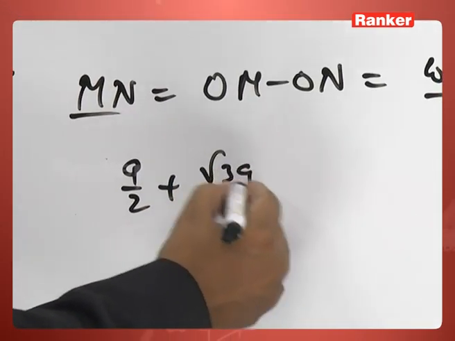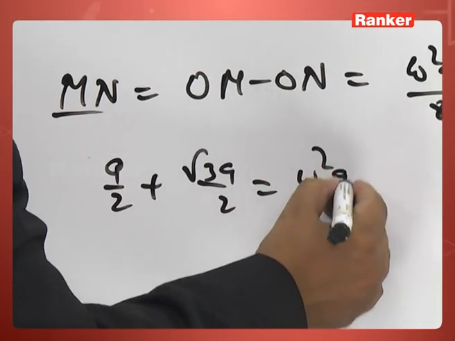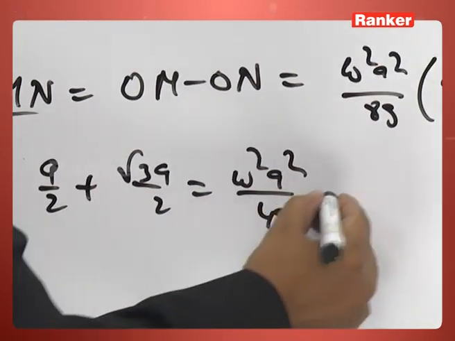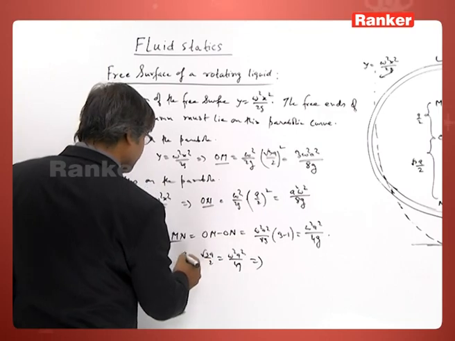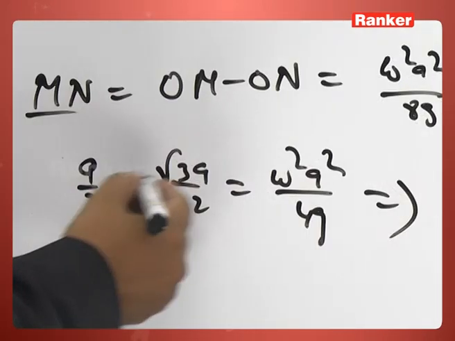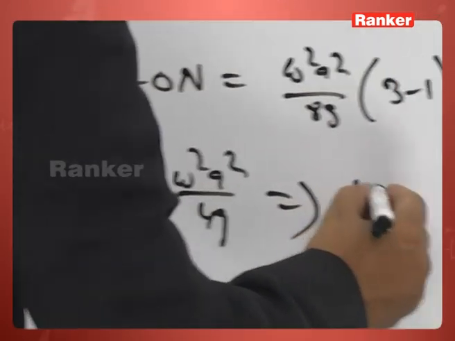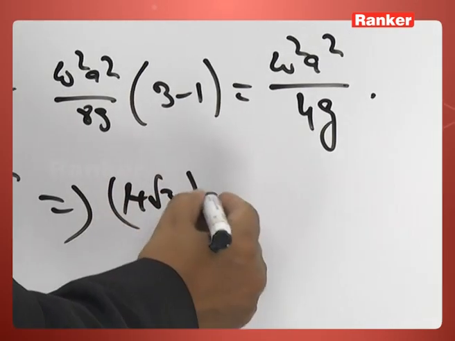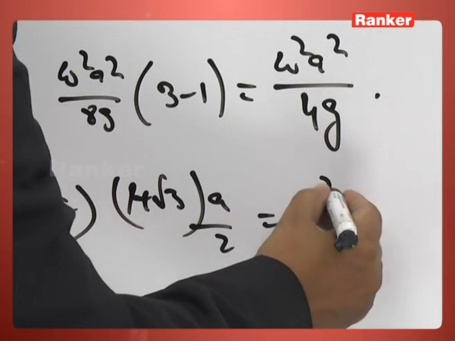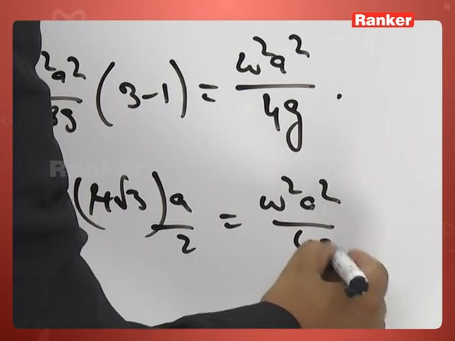And this MN is itself equal to a by 2 plus root 3 a by 2, which is a by 2 into 1 plus root 3, equal to omega square a square by 4g.